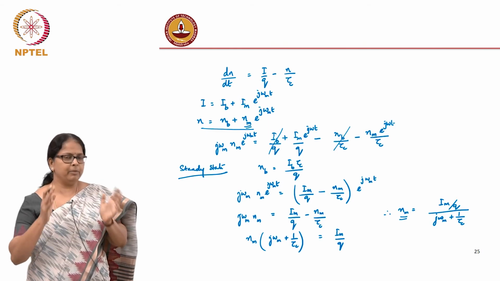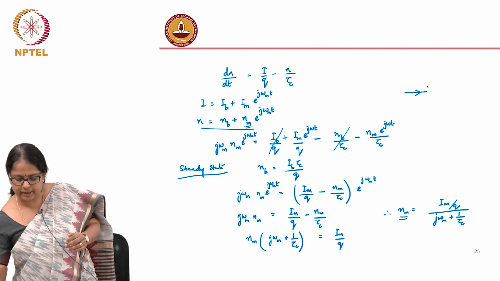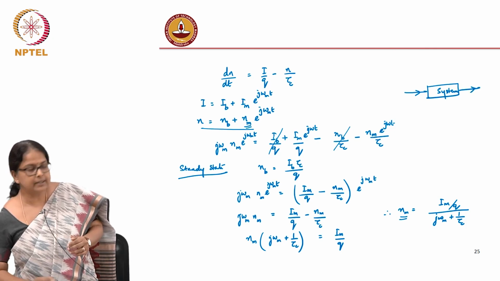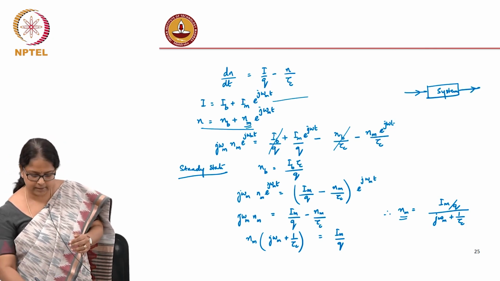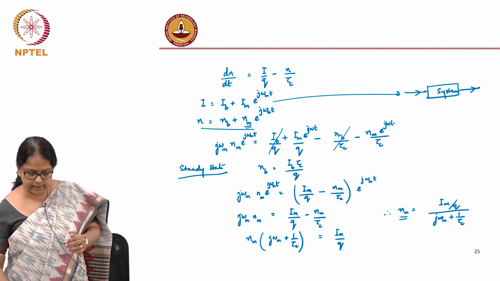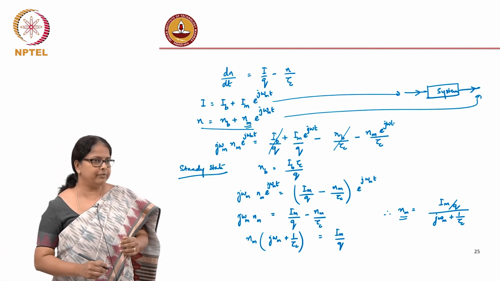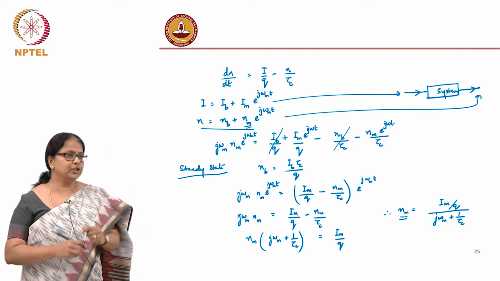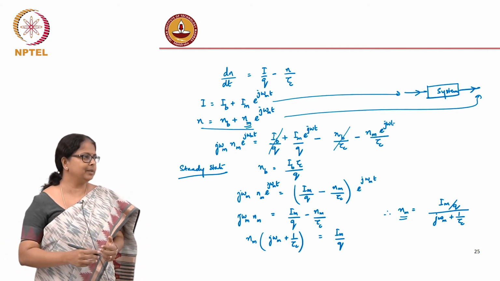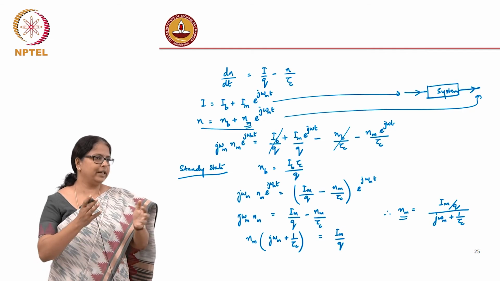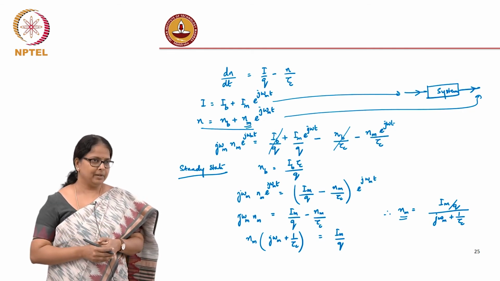This is my input, this is my system, and I have a certain output. Input is this, the output is this. And how do I find the response of the system? You basically want h of j omega of the system.